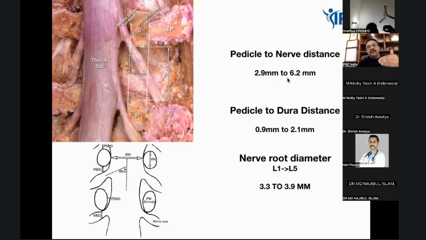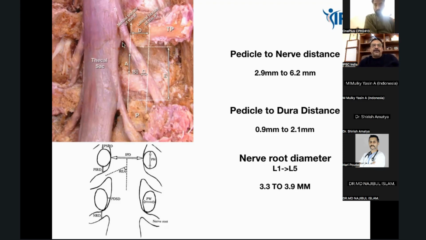As we go down, the distance will increase, because in the upper part of the lumbar region, the exiting roots take more of a horizontal route. So the space between the pedicle and the nerve root is less as compared to the lower region. As we go down, they start taking a more vertical angulation, and that is why we have an increased space between the pedicle and the nerve roots.